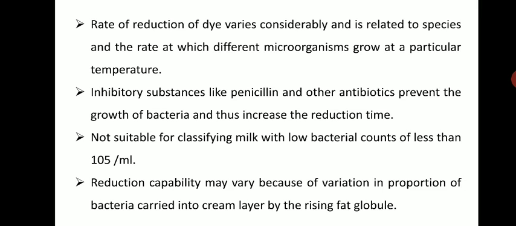Inhibitory substances like penicillin and other antibiotics prevent growth of bacteria and thus increase the reduction time. Some antibiotics reduce the growth of microbes, and by reducing their growth, the reduction potential becomes somewhat slower.